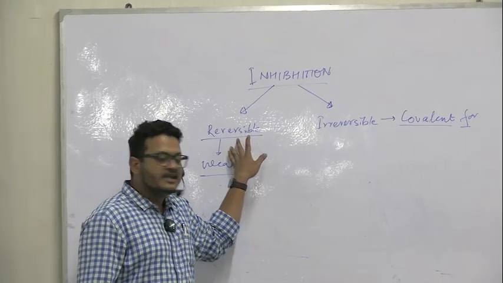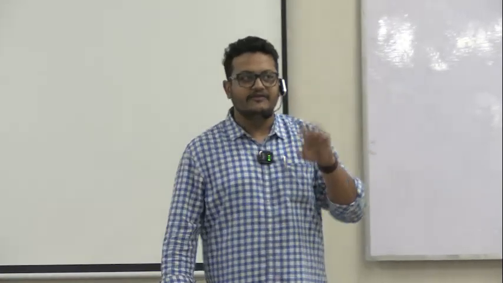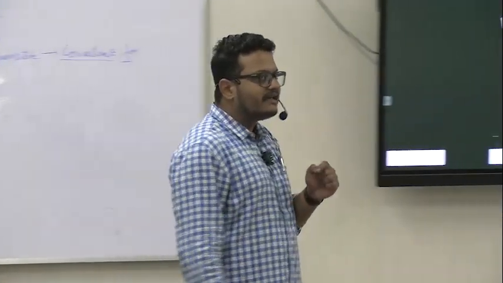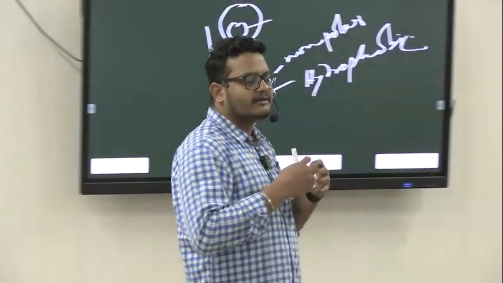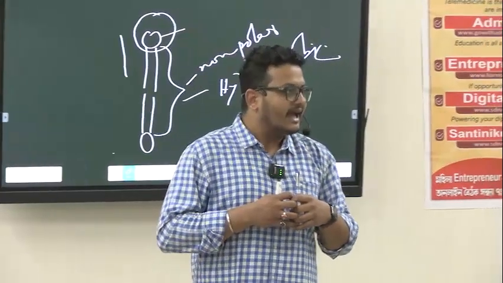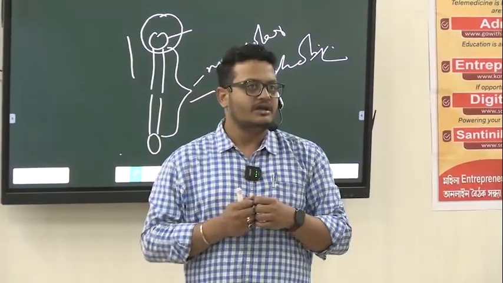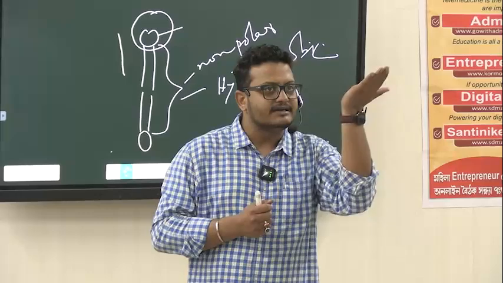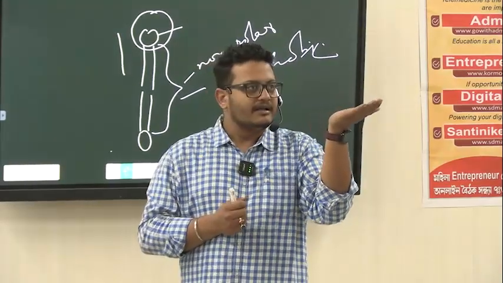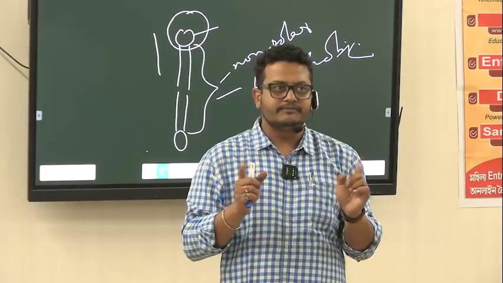Is that clear? Whenever we say reversible, there is a condition. If I am saying that the binding of the inhibitor to the enzyme is reversible, the condition is: as the inhibitor binds to the enzyme with weaker bonds, if you increase the substrate concentration, the chances of the inhibitor binding to the enzyme reduce.